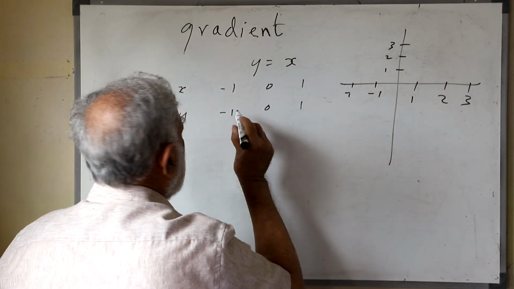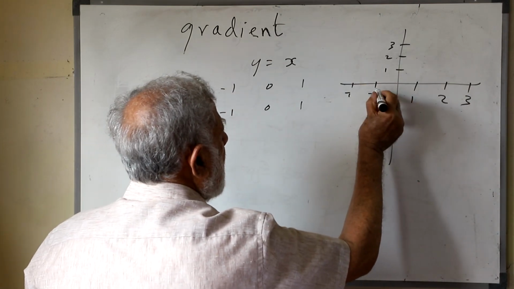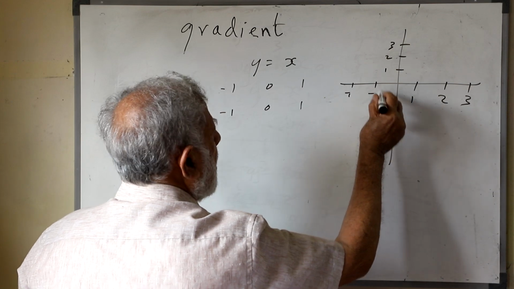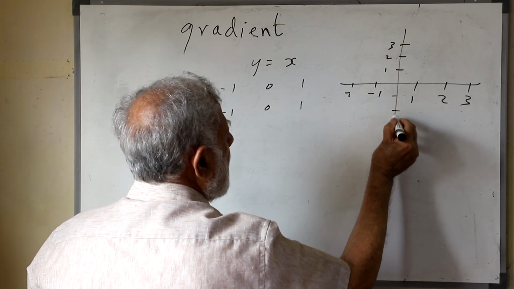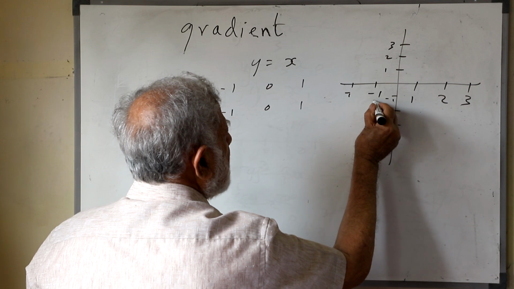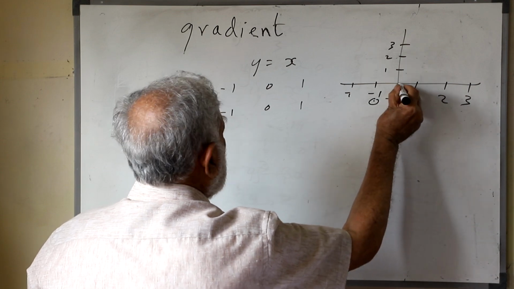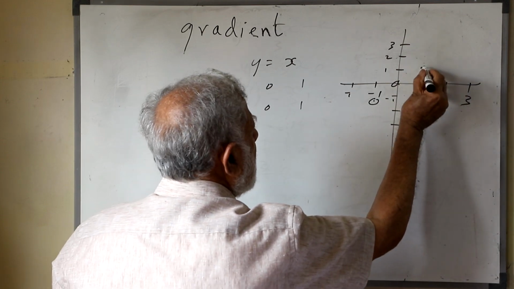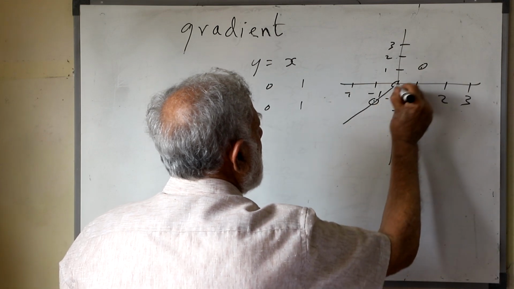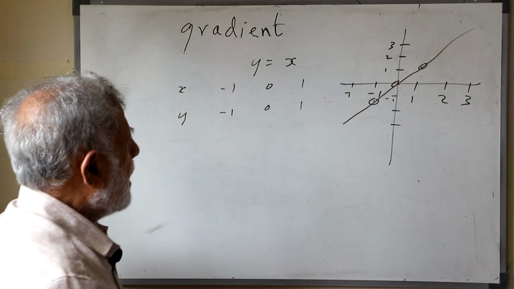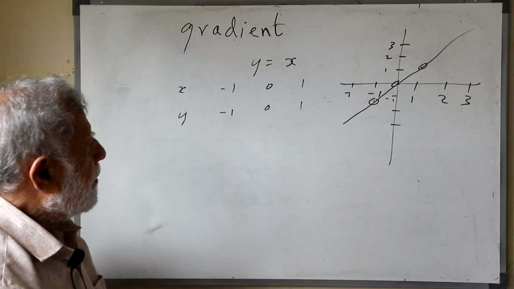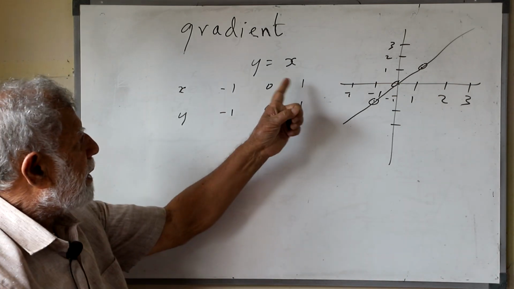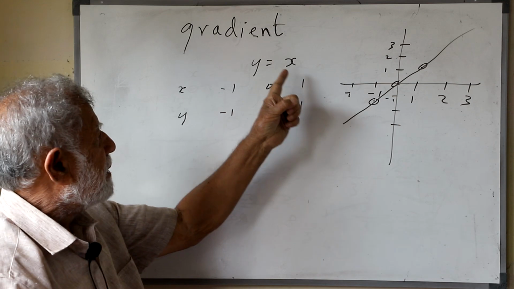So, here -1, -1, 0, 0 and 1, 1, this graph. Here I told you that the coefficient of x is the gradient.